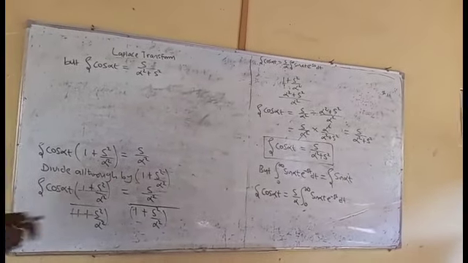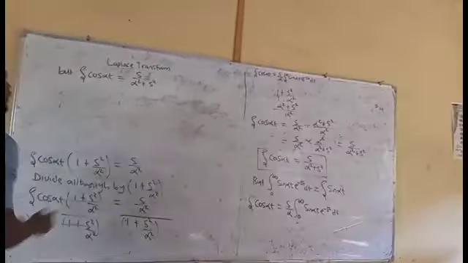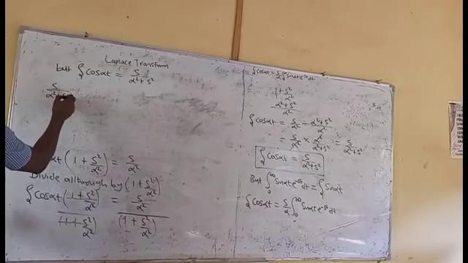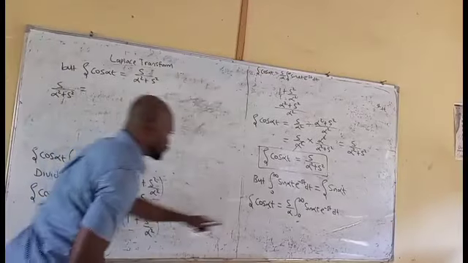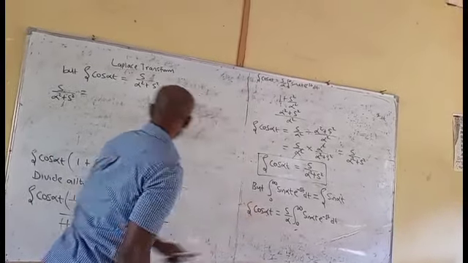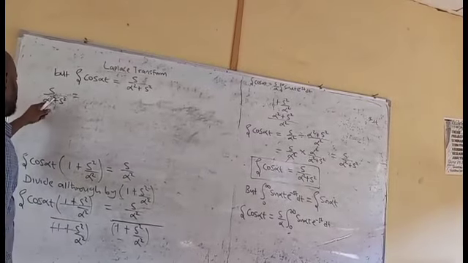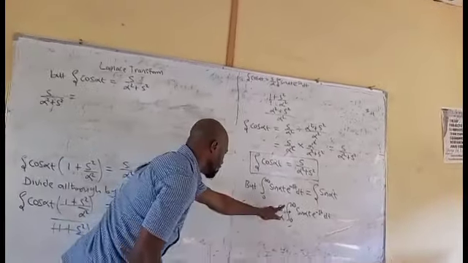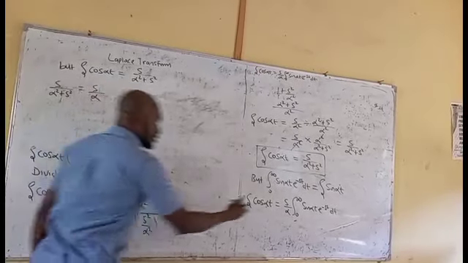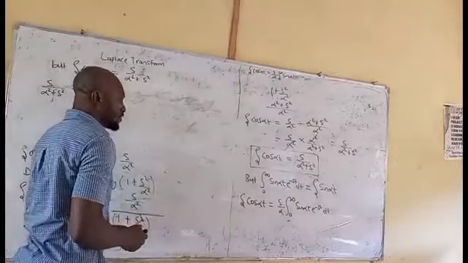You understand? So I'll put it here. And I'll say s over alpha squared plus s squared is equal to, this is alpha, the Laplace transform of cos alpha t is this, s over alpha squared plus s squared is equal to s over alpha. Are we there?